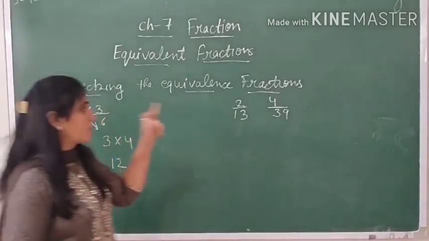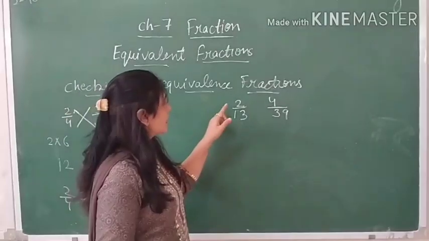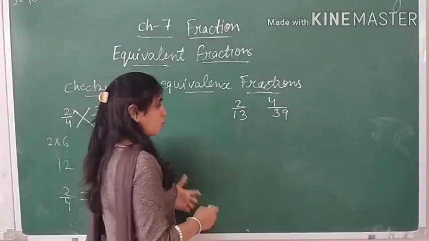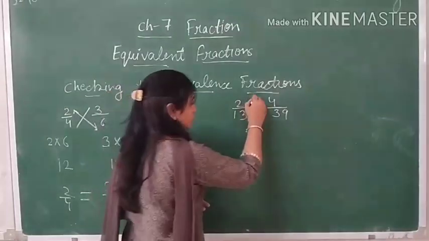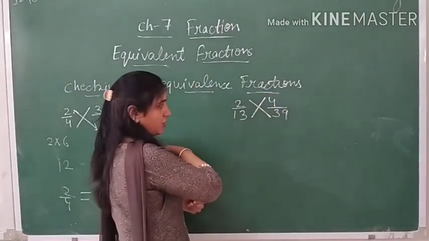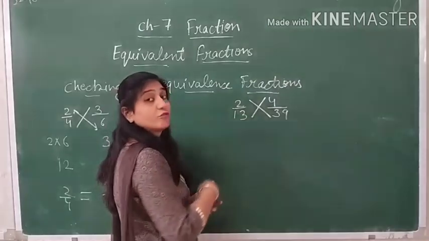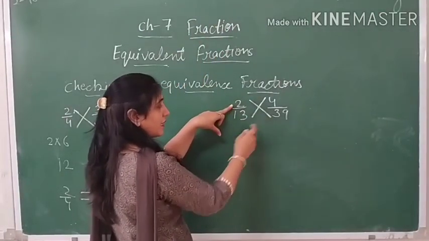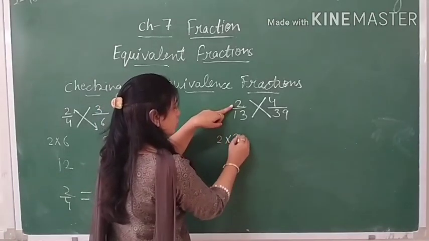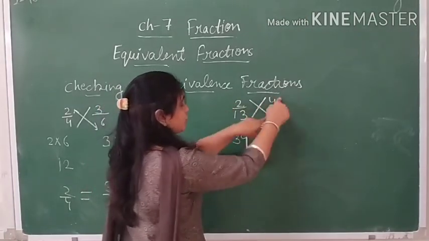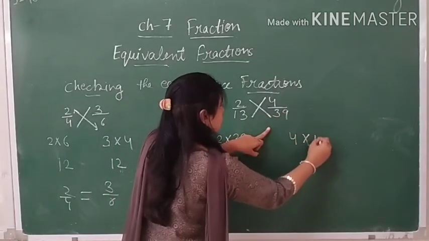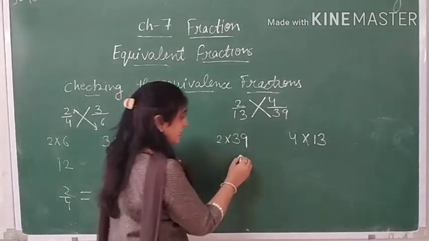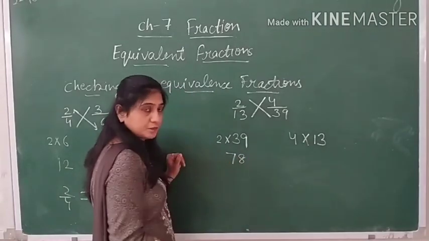Now look at one more example. Fractions are 2 by 13 and 4 by 39. So what is our step? First of all, we have to do the cross multiplication. Cross multiplication means you have to put the sign of cross. This 2 is going to multiply by 39, and this 4 by 13.